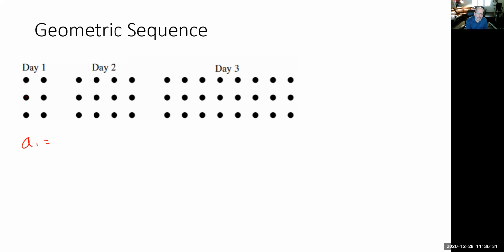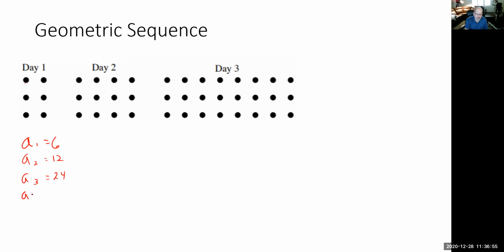Well, 1, 2, 3, 4, 5, 6. The first one has 6 in it. And then we notice there are 12 in the next one. There are twice as many. And then the next one, we'll notice there are 24. There's twice as many as the one before it.